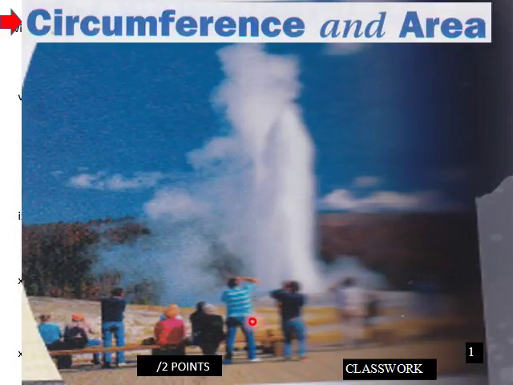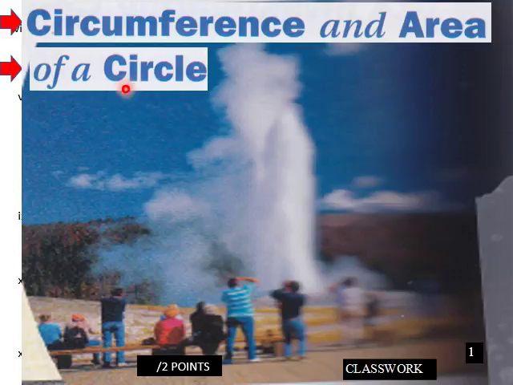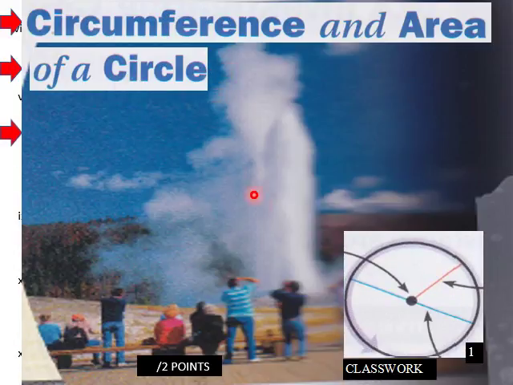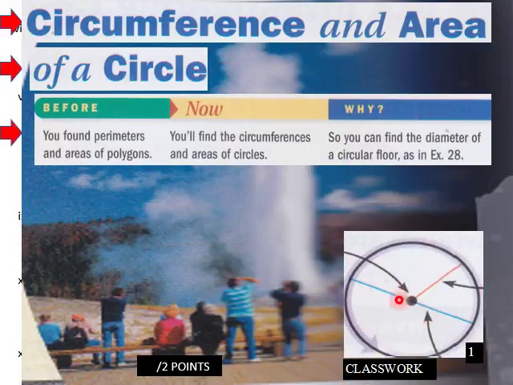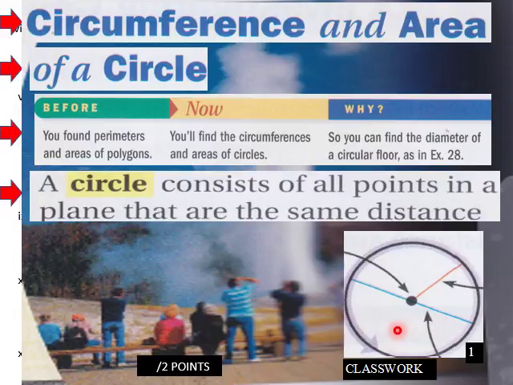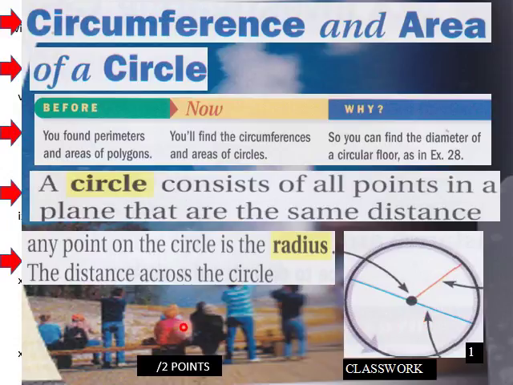Okay, into our lesson here, circumference and area of a circle. Here's a circle. You found perimeters and areas of polygons. You'll find the circumferences and areas of circles in this case. A circle consists of all points in a plane that are the same distance from a center. That would be the circumference here.